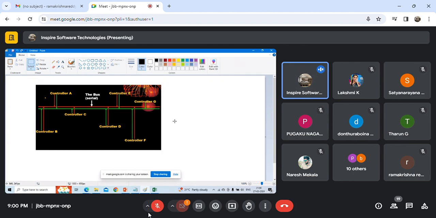When more than one node wants to transmit the data at a time, because there is only one bus, you cannot use the same bus for two people at the same time. First, the nodes will decide who will send the message first. For that purpose they use the arbitration process.